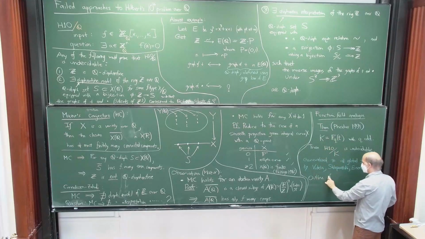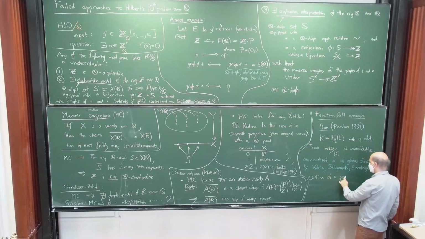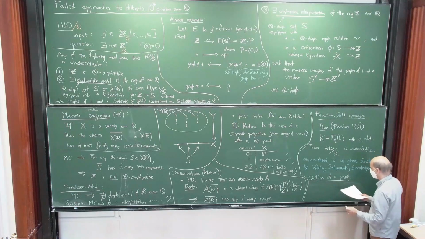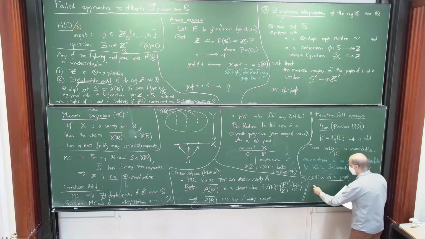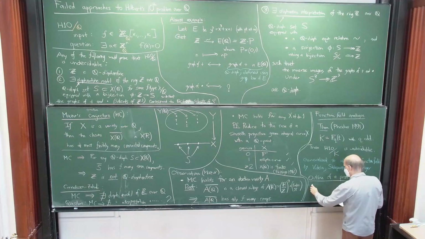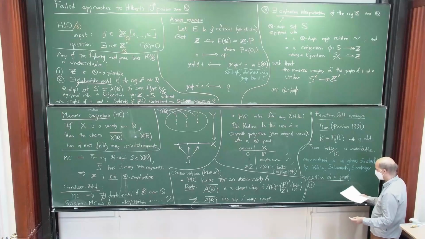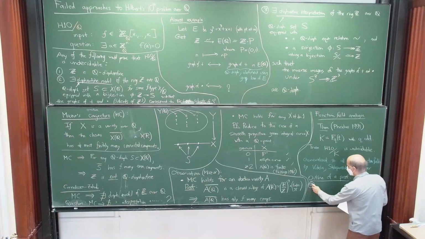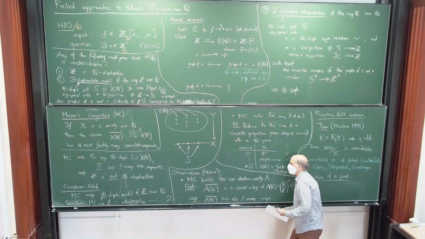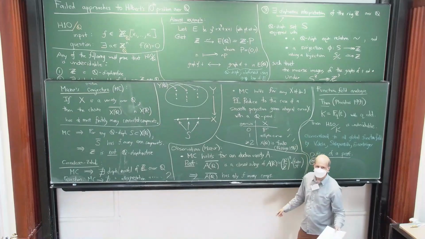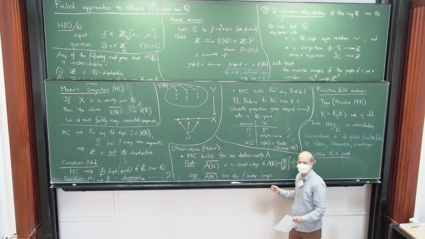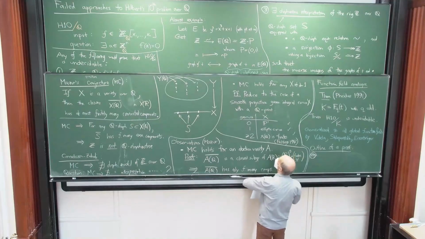Maybe I'll just say a little bit about the outline of one possible proof of this. I'm going to have to skip a lot of details, and it's one of these multi-step proofs again.